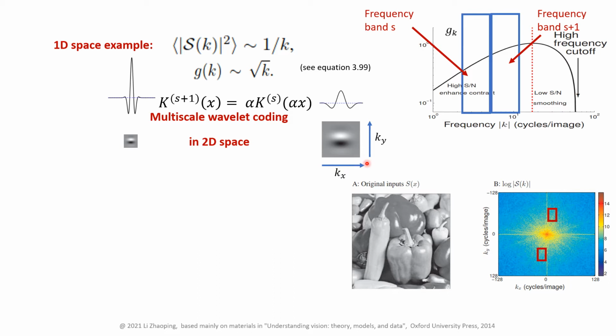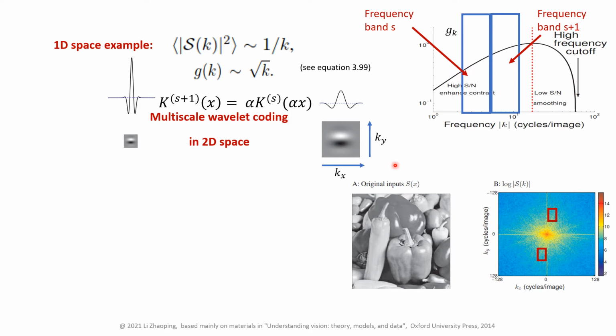In other words, the vertical frequency is higher than the horizontal frequency. Or one can say that this is a band pass filter along this way, but more like a low pass filter along this way. Therefore, by having multi-scale coding, we achieve orientation selectivity of the residual fields.